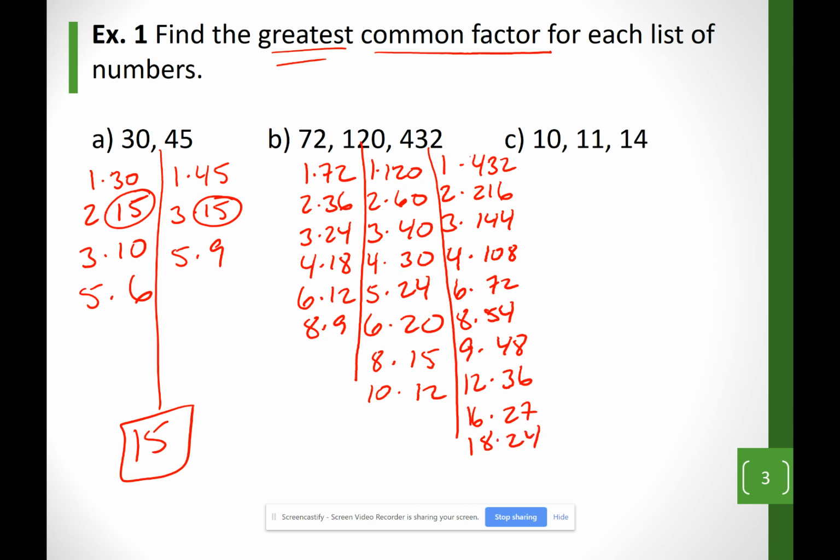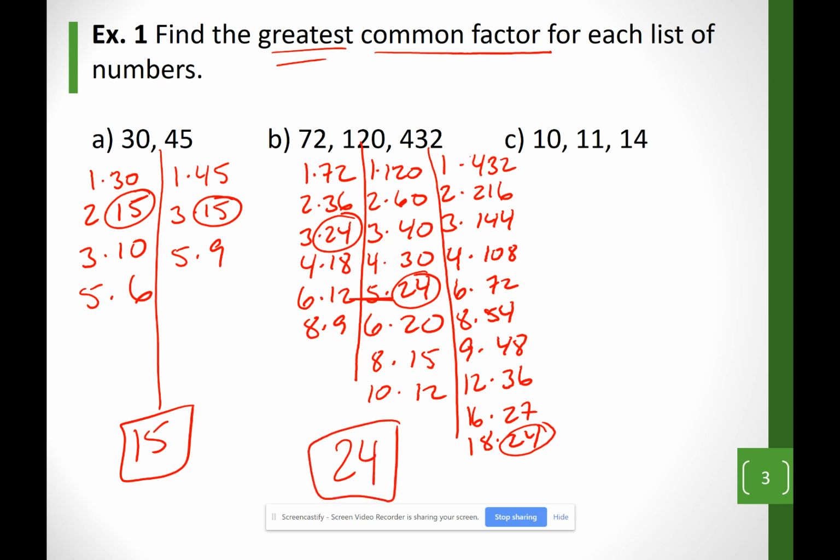Now, when I start looking, the biggest number that I seem to find is 24. There's nothing else that is in all of the lists. So my greatest common factor in this case is 24.